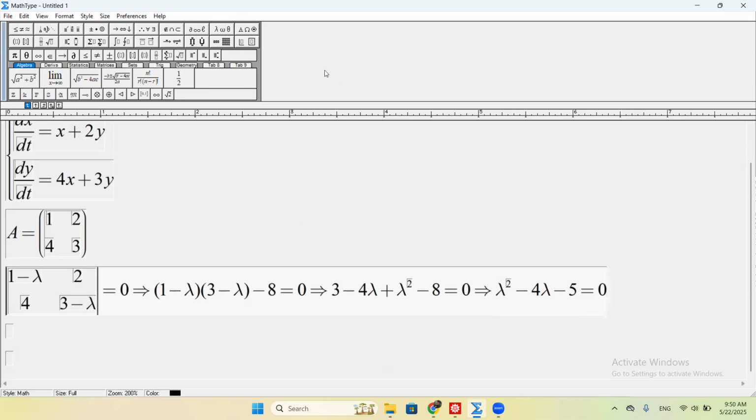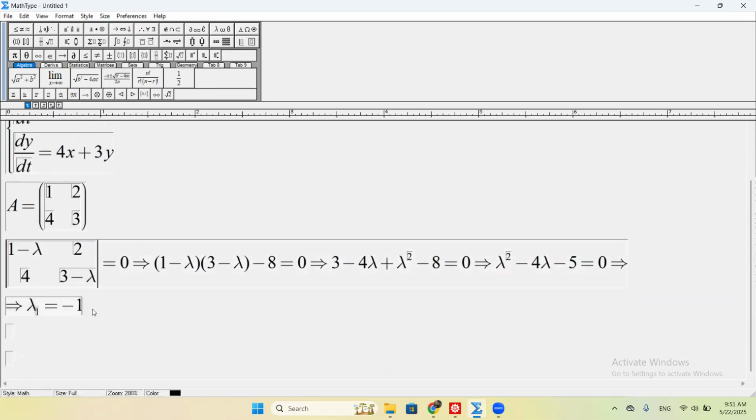So lambda 1 equals minus 1, and lambda 2 equals 5.